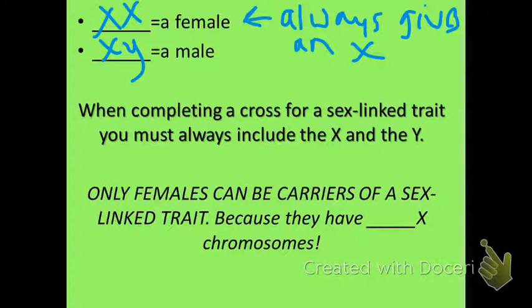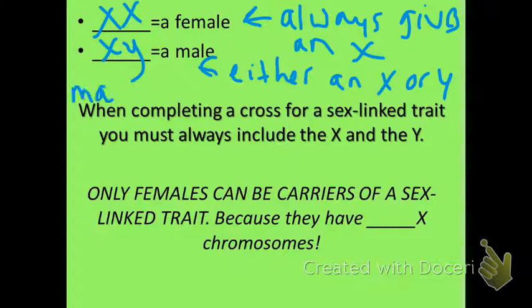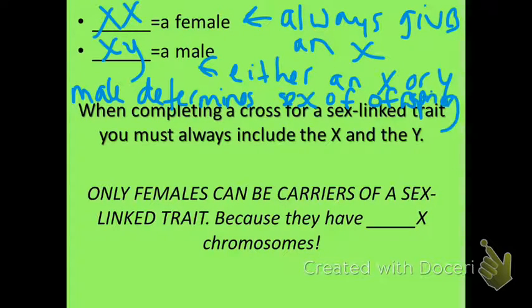The male can give either an X or a Y, which means the male determines the sex of the offspring. If a sperm cell with an X chromosome fertilizes the egg, we're going to get a female. If a sperm cell with a Y chromosome fertilizes the egg, then we're going to get a male. So the male determines the sex of the offspring because he has both an X and a Y.